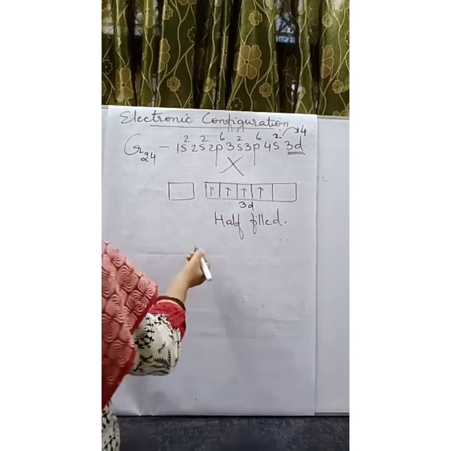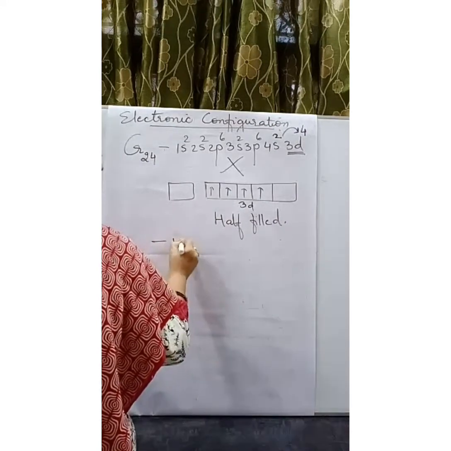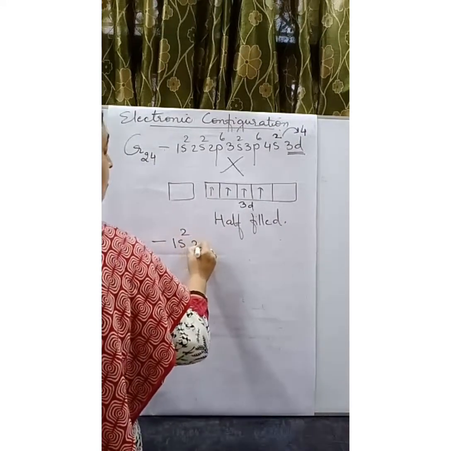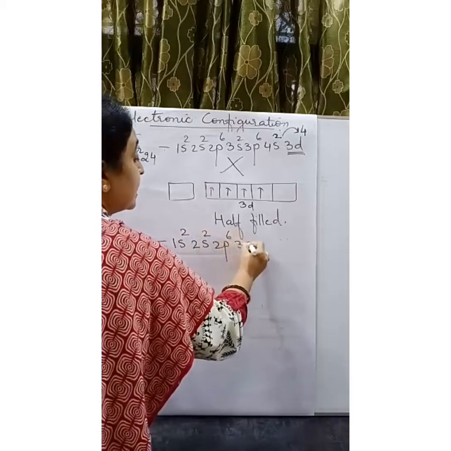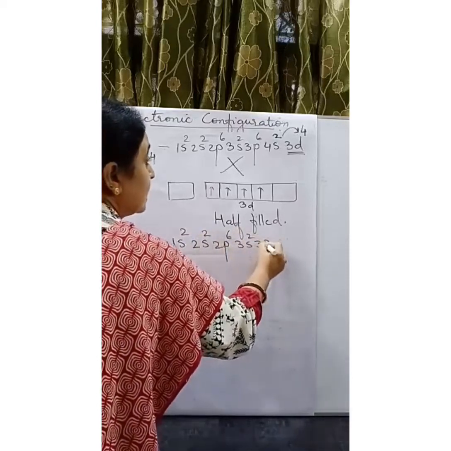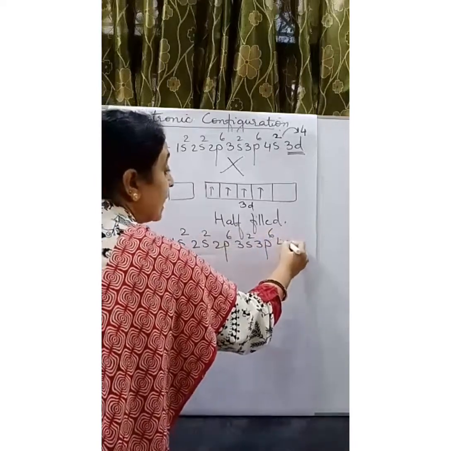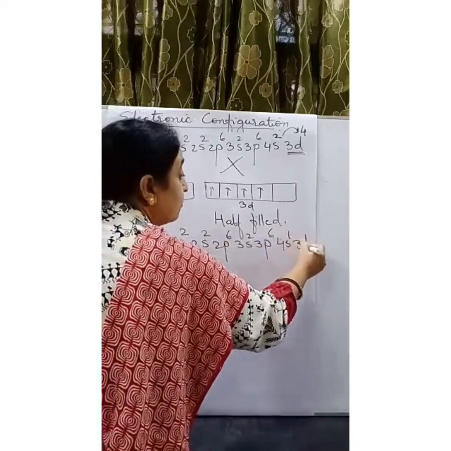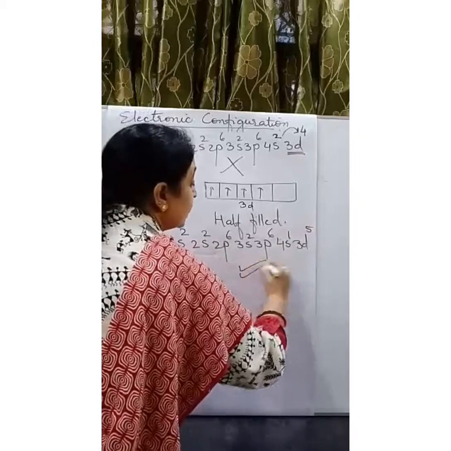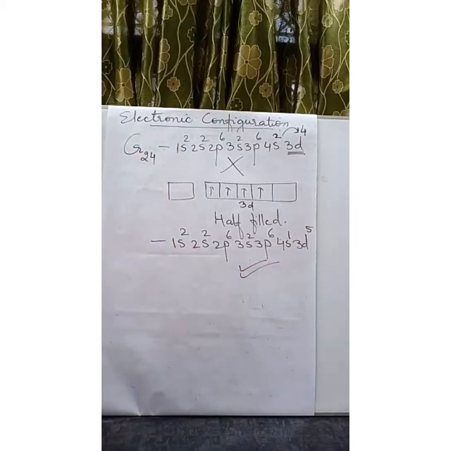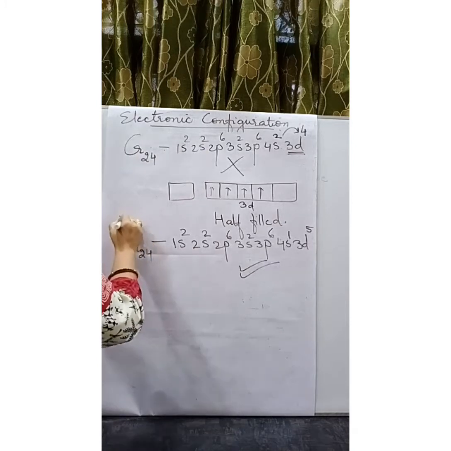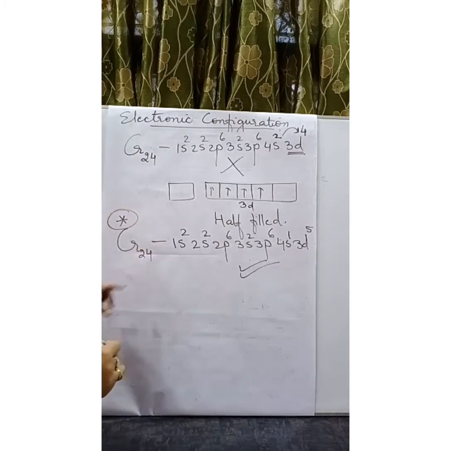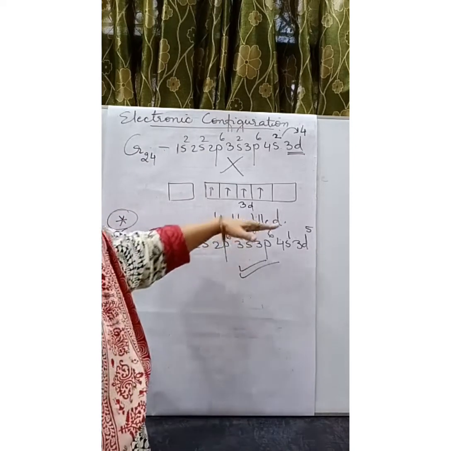So in that case, what will be the electronic configuration of chromium? 1s2, 2s2, 2p6, 3s2, 3p6, 4s1, 3d5. This is the electronic configuration of chromium, and we take it as an exception. Why is it an exception? Because it wants to become stable.